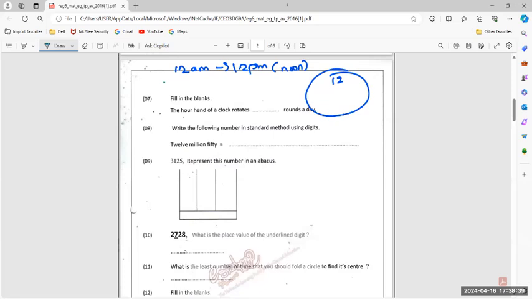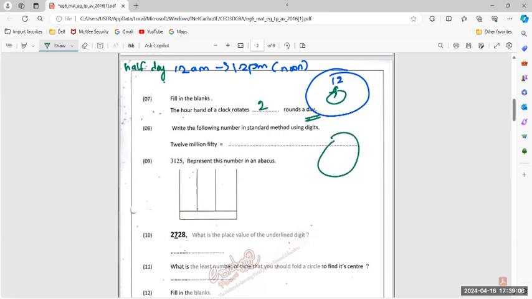If it rotates from this 12 to again 12, half of the day is done. So for the whole day, the short hand has to rotate twice.